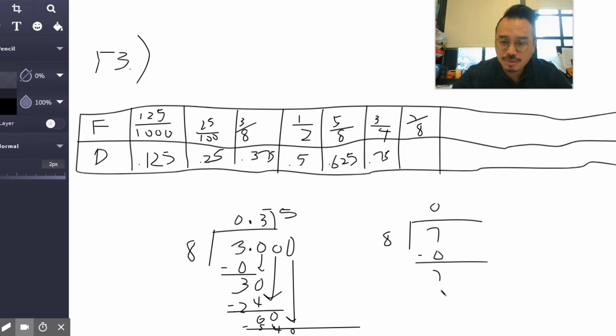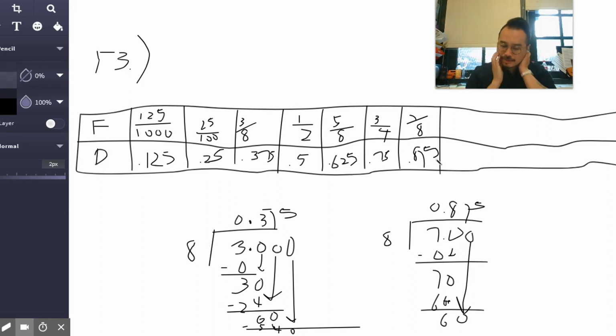Now I'm gonna try to do this one a little faster. Decimal, 0, bring it down, 0, 64, 6, add a 0, bring it down. Oh, 875. Yeah, okay. Yep, 0.875.